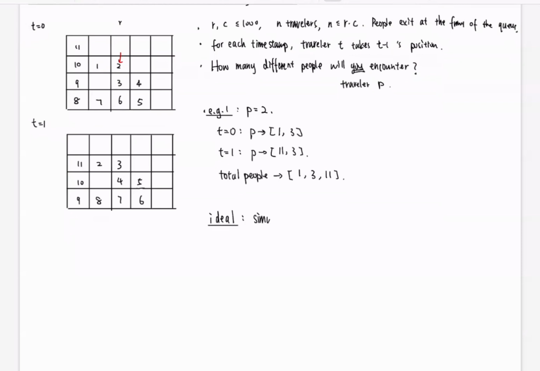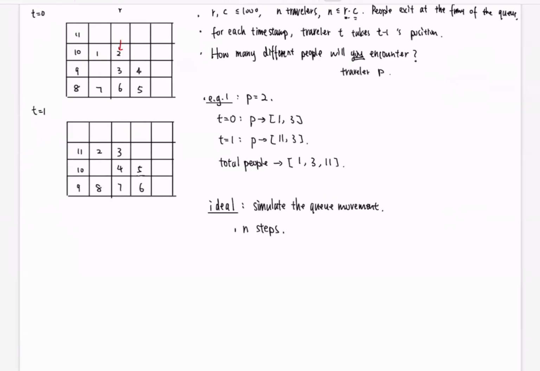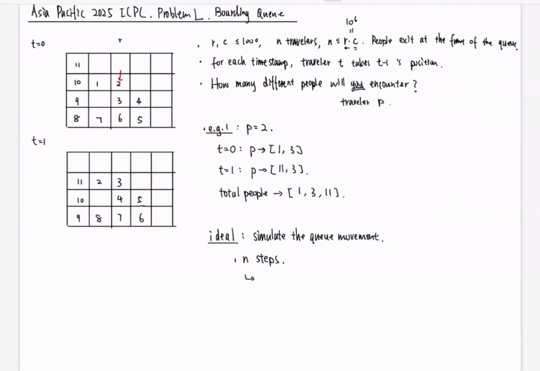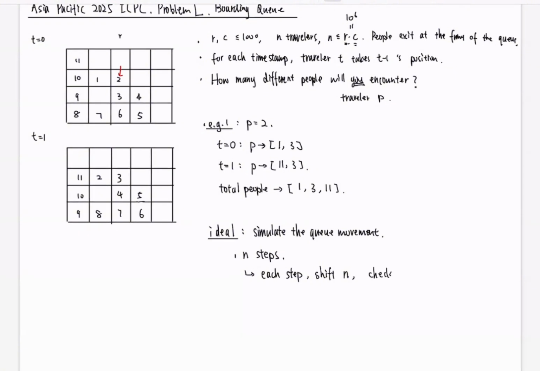Idea 1 is to simulate the queue, simulate the movement. But what's the time complexity? How many steps will there be? N steps, where n is less than 10 to the 6 because it's R times C. For each step, we need to shift n people at most, and then check the 4 neighbors.